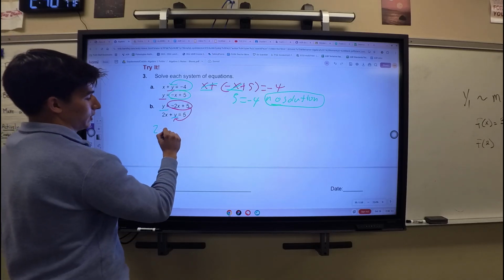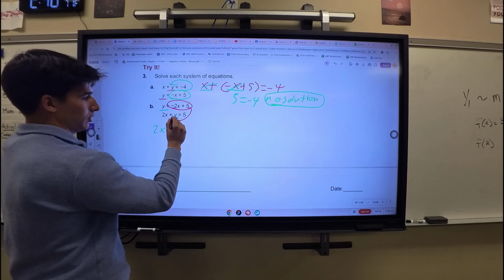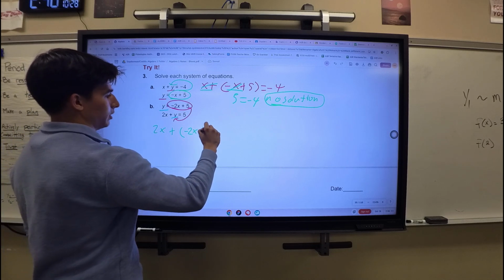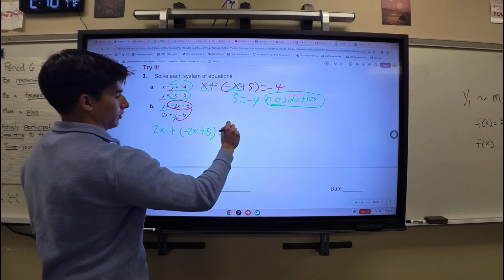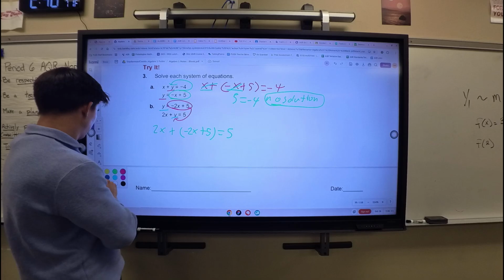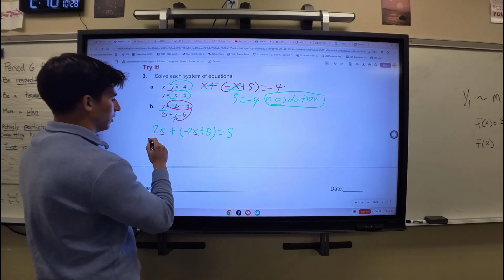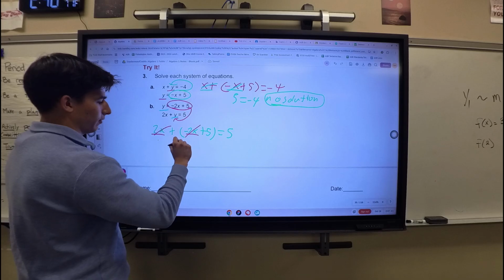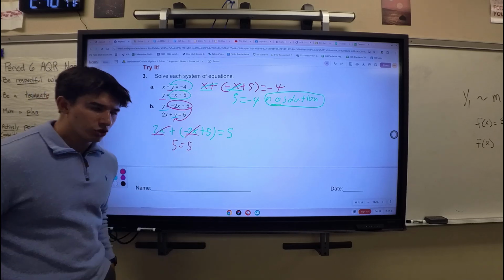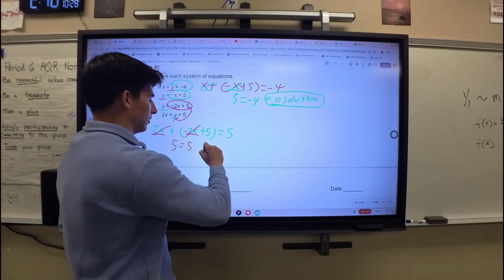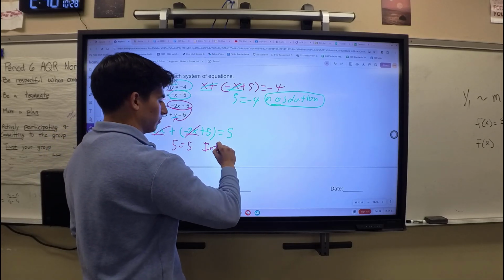So 2x stays the same, plus, this is what we're replacing, negative 2x plus 5 equals 5, because that didn't change. So now we're combining our like terms, which are going to cancel out because it's negative 2x and 2x. So then we have 5 equals 5, which is true. And so that means that there are infinitely many solutions.